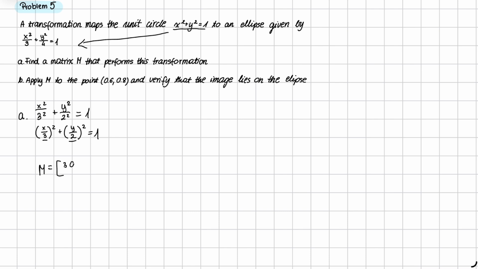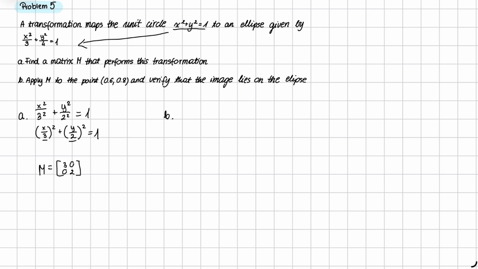Then we have 0, and then we have 0, and then we have 2 because 2 corresponds to y, and when we are multiplying the transformation matrix with a point, it has to be in here. So that's our transformation matrix.